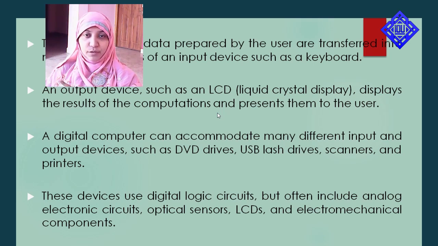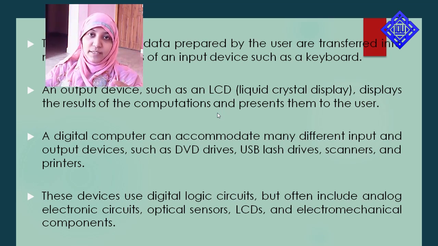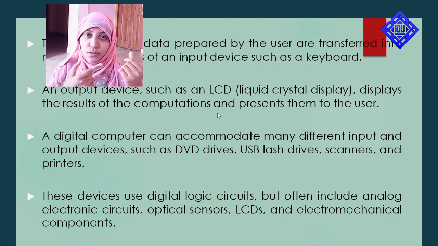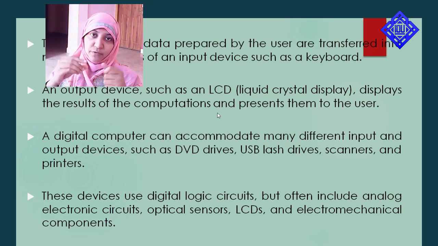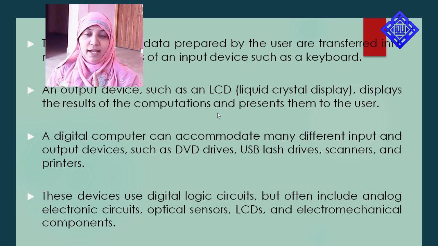Like we discussed about the DVD drives, it contains an electromechanical device on which we put the CD or the DVD, and once we put that CD or DVD, it has an electromechanical spindle where the disc is rotated again and again to read or write the data from a specific path. This is one thing.